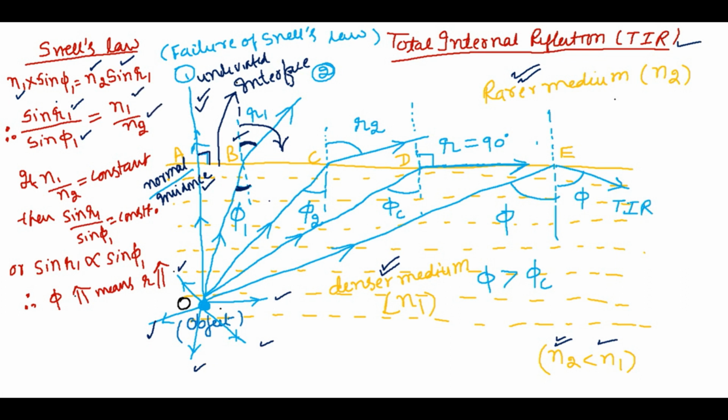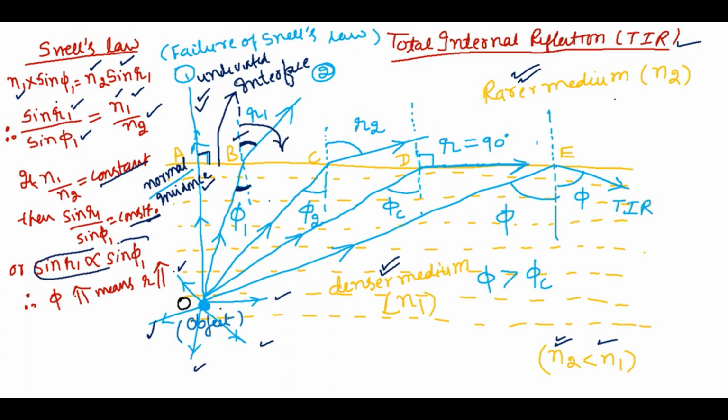Now if n1 and n2 both are constant, then the right-hand side of this equation is constant. So if I write constant here, I use the abbreviation CONST for constant, sine r1 upon sine phi 1 will be constant. So sine r1 will be proportional to sine phi 1.